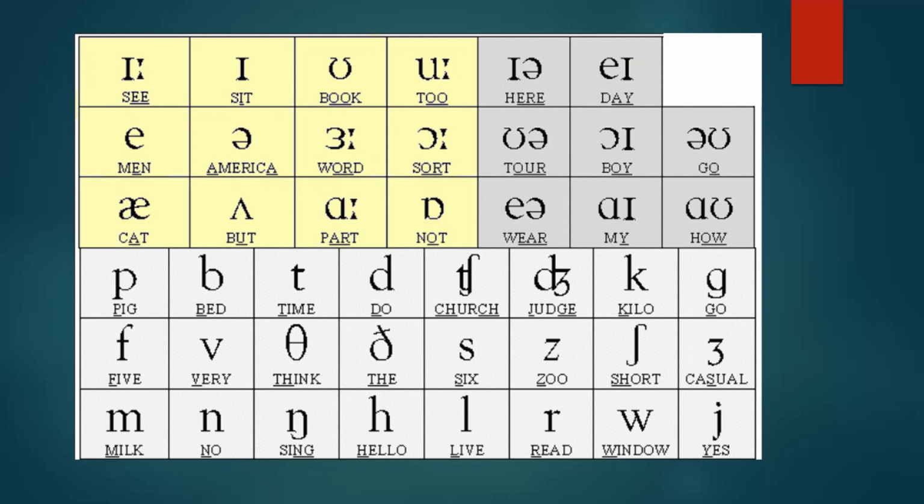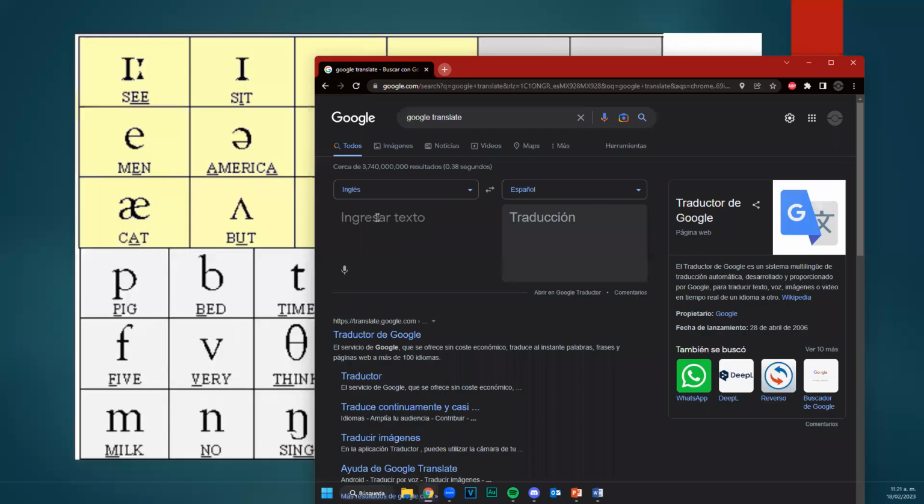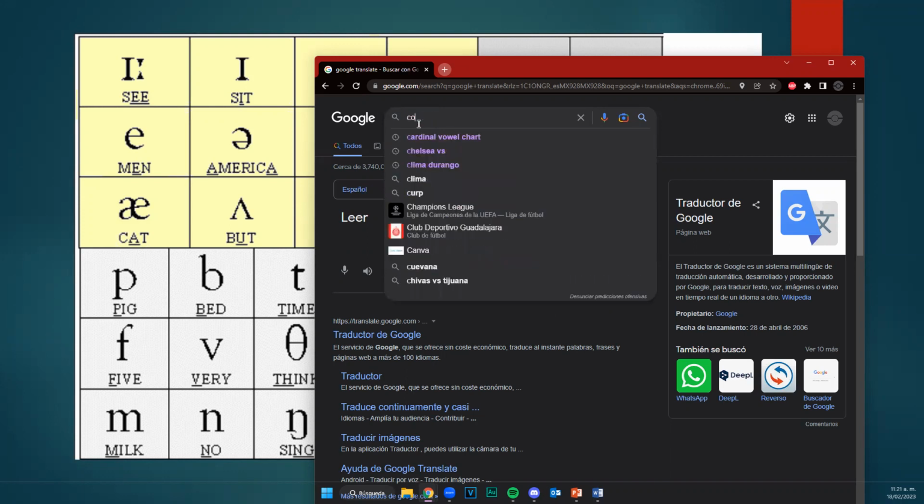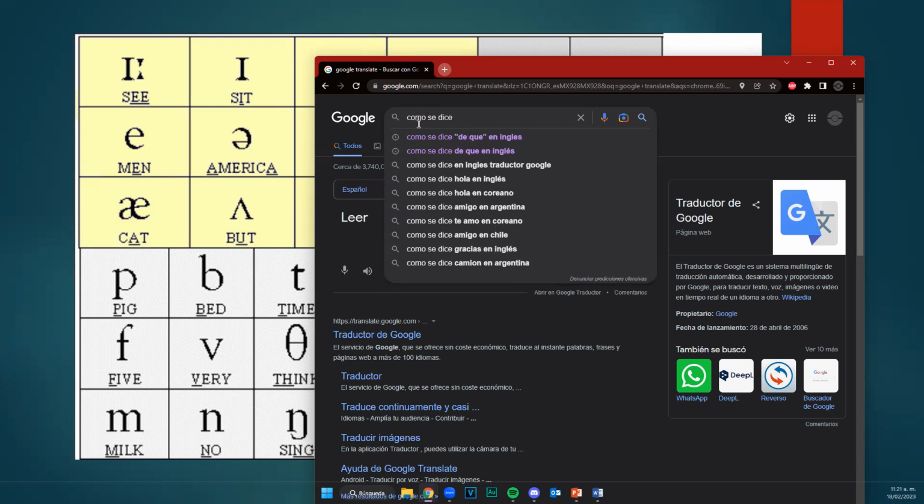Let me try to do Google Translate. Okay, I'm right here. I'm going to put the word read. I'm going to switch into English. No, I'm going to put cómo se dice amigo en inglés.